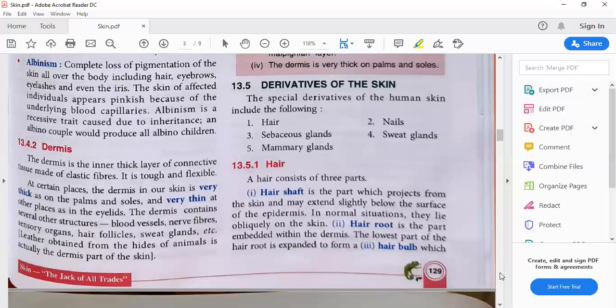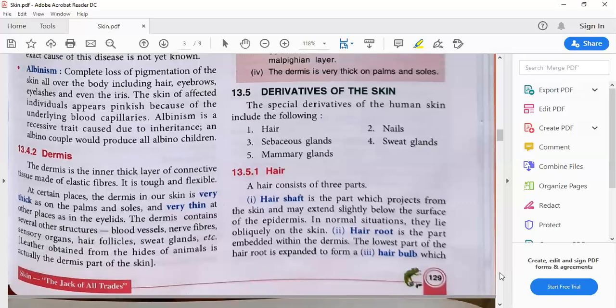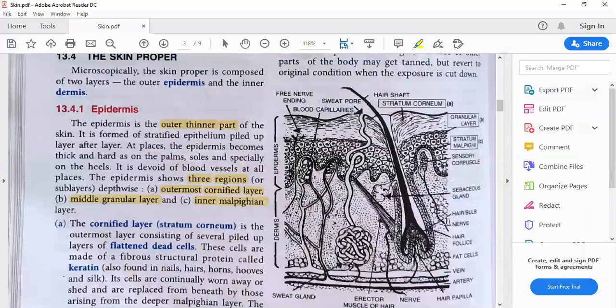Then what is the use of the epidermis in animals? See, the epidermis is the main thing which actually provides protection. If you see the diagram, the sweat pore is visible here, and the follicle is coming out.